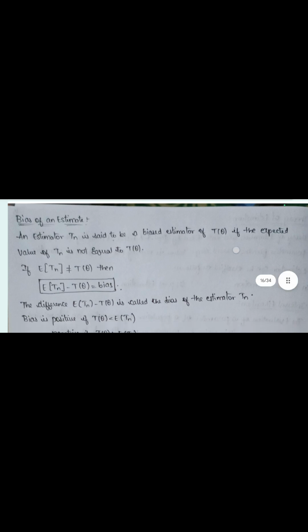Here an estimator denoted by Tn is said to be a biased estimator of T of theta if the expected value of Tn is not equal to T of theta. That is said to be the biased estimator. If it is equal, then it is said to be an unbiased estimator.